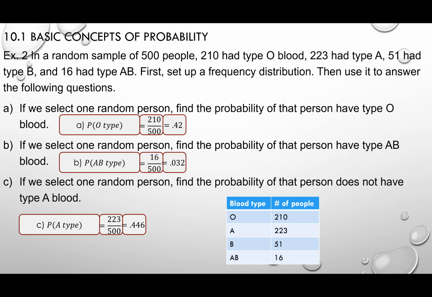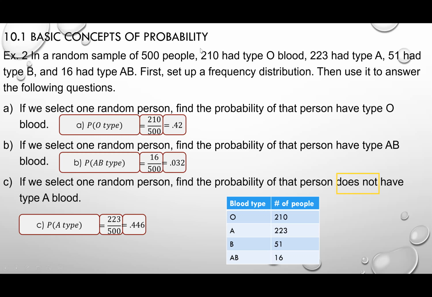And 222 over 500 will give me 0.446, right? But if you remember, they're not asking you for type A, they ask you for does not have type A. And how do we find the item that does not have type A?